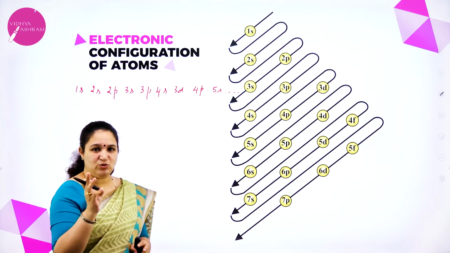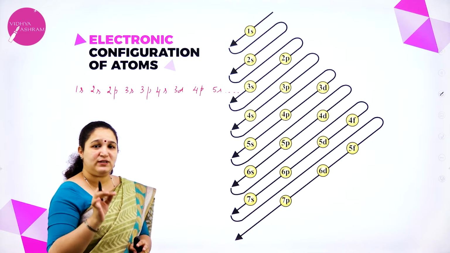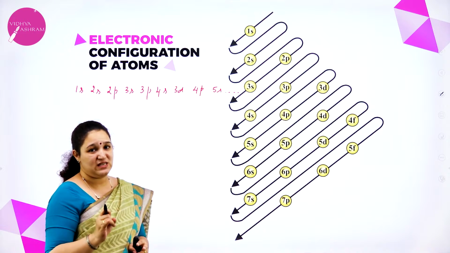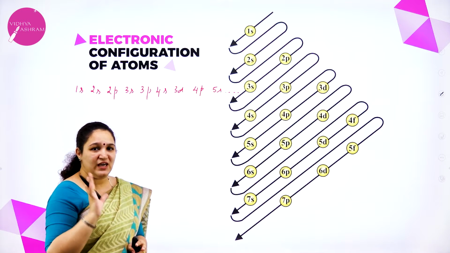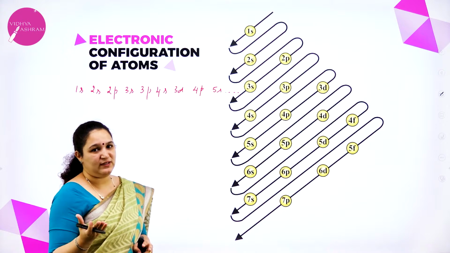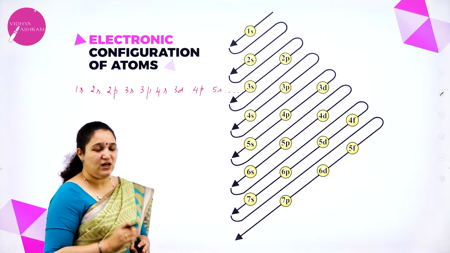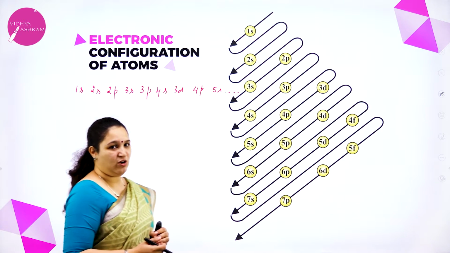So in Px there are 2 electrons, Py 2 electrons, Pz 2 electrons. So the total p subshell can have how many electrons? It can have 6 electrons. Similarly, d has 5 orbitals, each orbital 2 electrons, 5 twos are 10. So 10 electrons can be present in the d subshell, correct? Keeping this in mind, we shall write the electronic configuration.